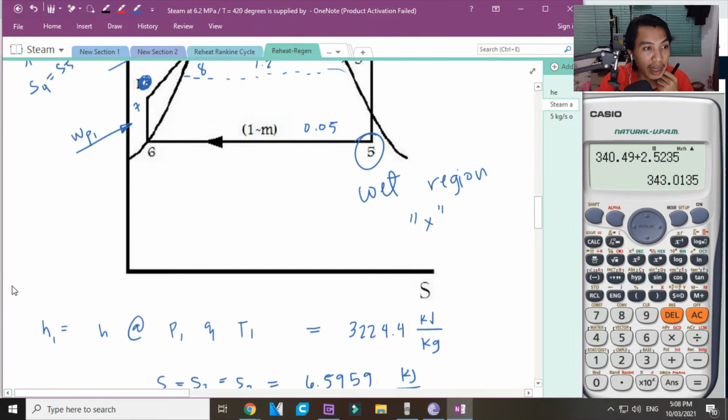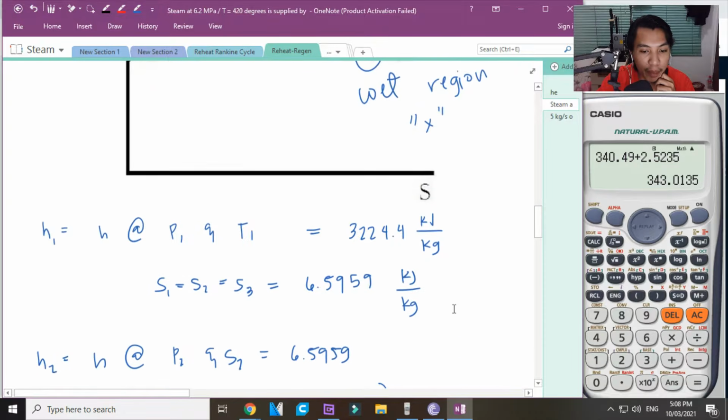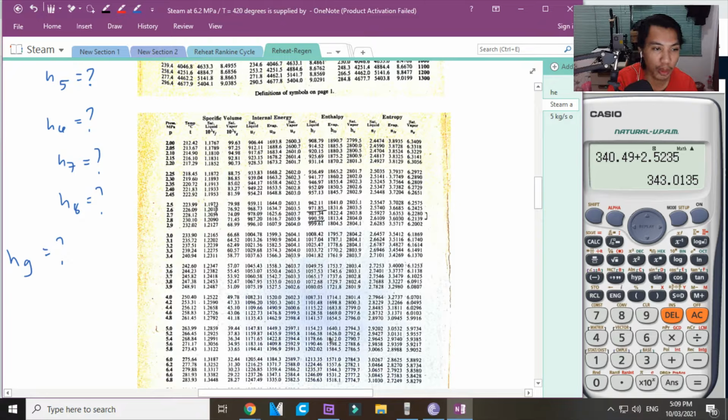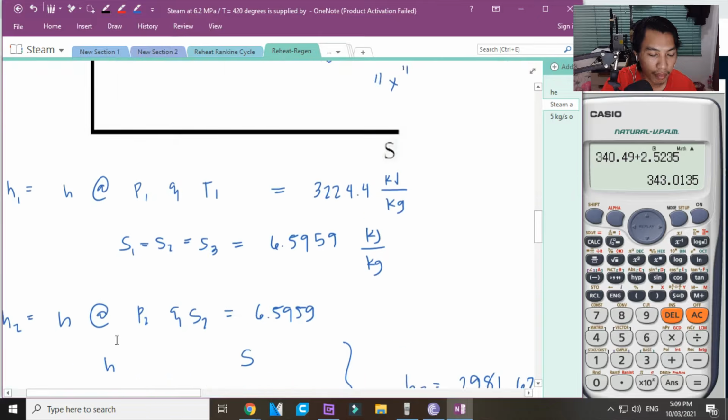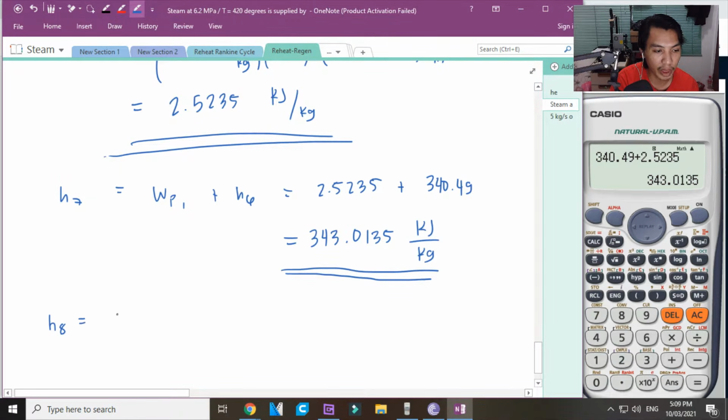H8. Look here, you pass through the work of pump first to get H9. But H8 is HF at 2.5 MPa. Find 2.5 here. There, HF at 2.5 and VF at 2.5. HF is 962.11 kilojoule per kilogram.